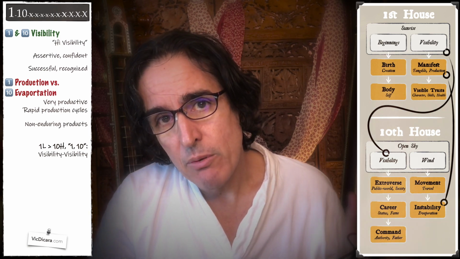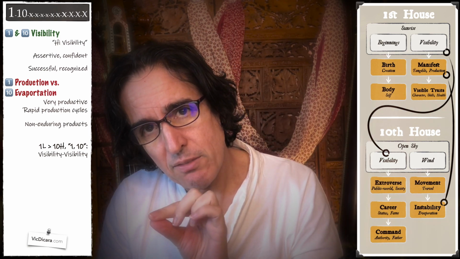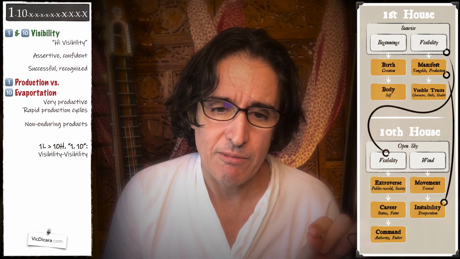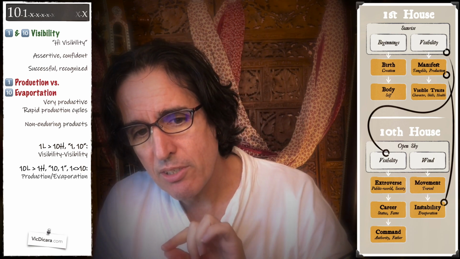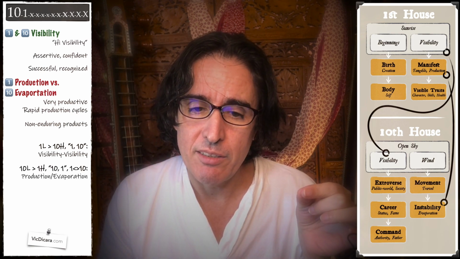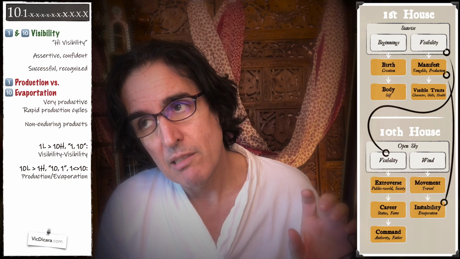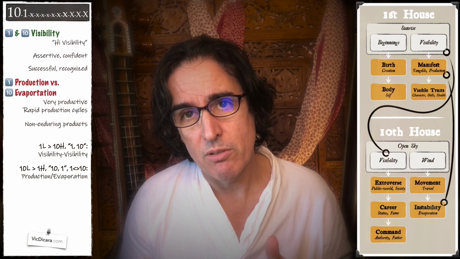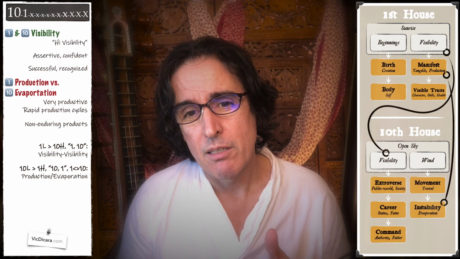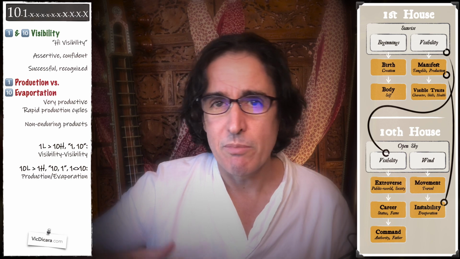If you go the other way, where instead of the first lord coming to the 10th house, you have the 10th lord going to the first house, then you're going to see the other polarity is more influenced. The production versus evaporation clash is going to be more dominant. And the visibility thing will come second.